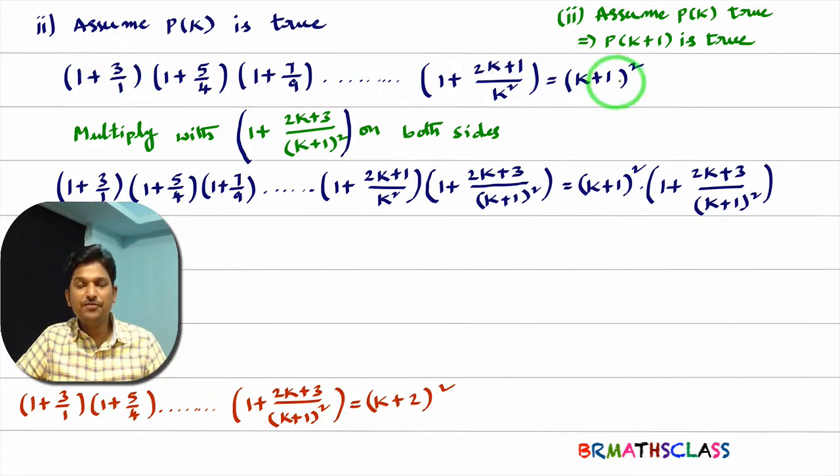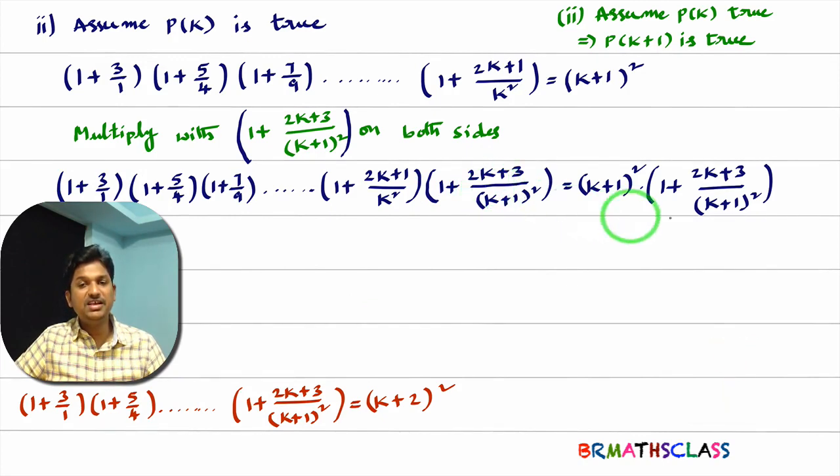In this P of k, wherever k is there you write k plus 1. After multiplying with a term on both sides, look here, this will be the left hand side of P of k plus 1.